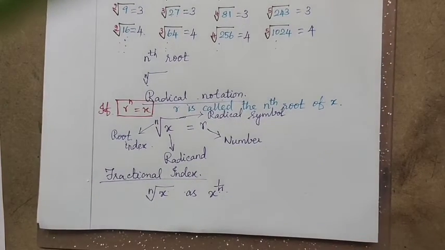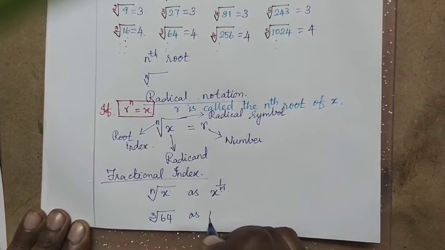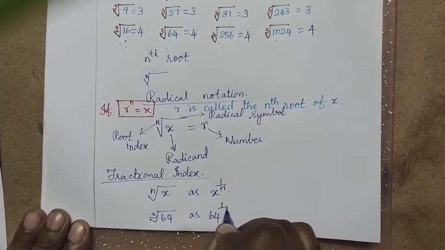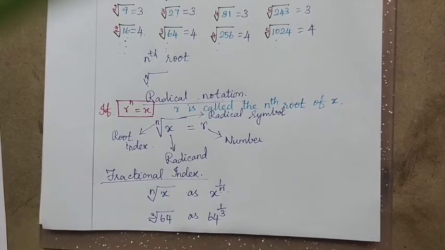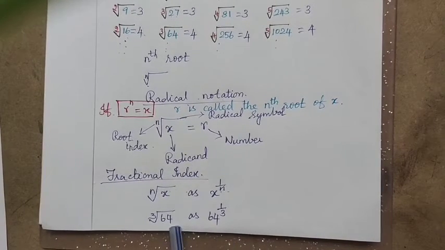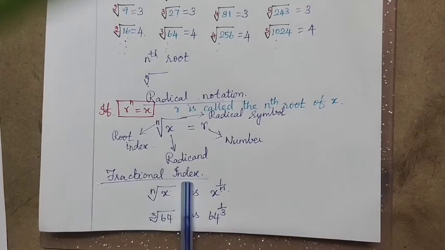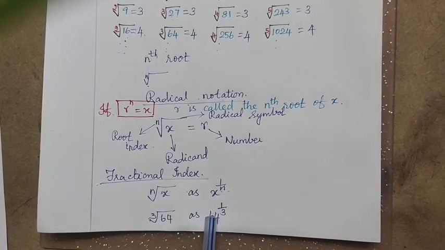Example is given: 64, we can write it as 64 to the power of 1 by 3. If you write the numbers in this form, it is called a fractional index form. It is in the third column.